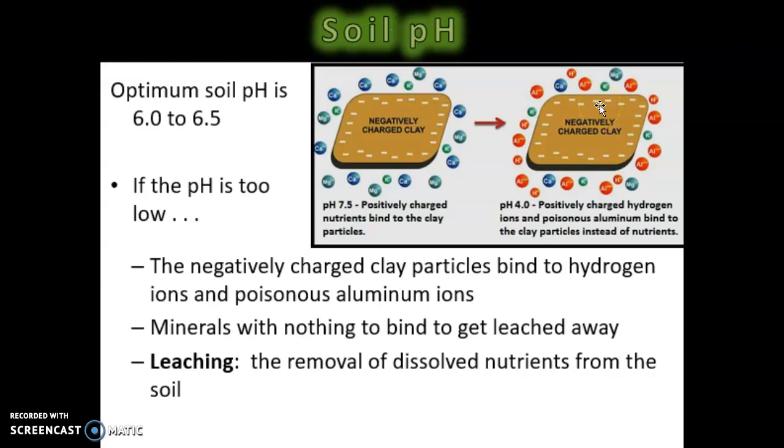So the next time it rains, all of these good nutrients that the plants need from the soil just get washed away. That's a process called leaching, the removal of dissolved nutrients from the soil, and it's a problem with acidic soils.